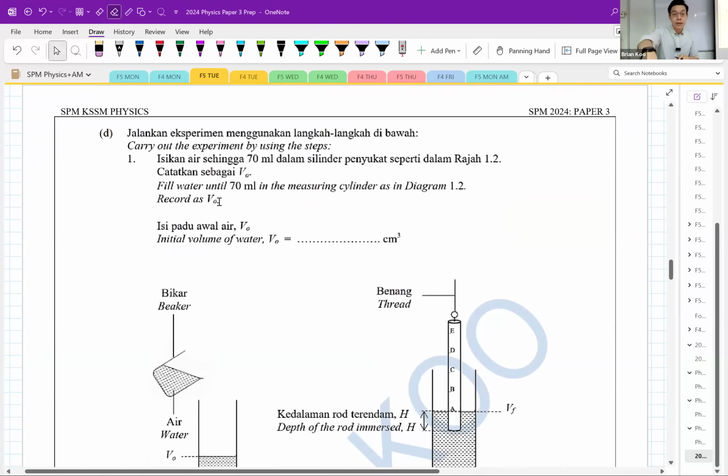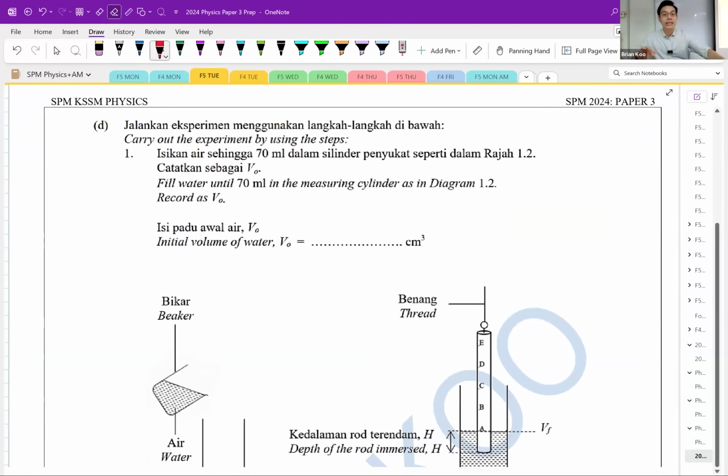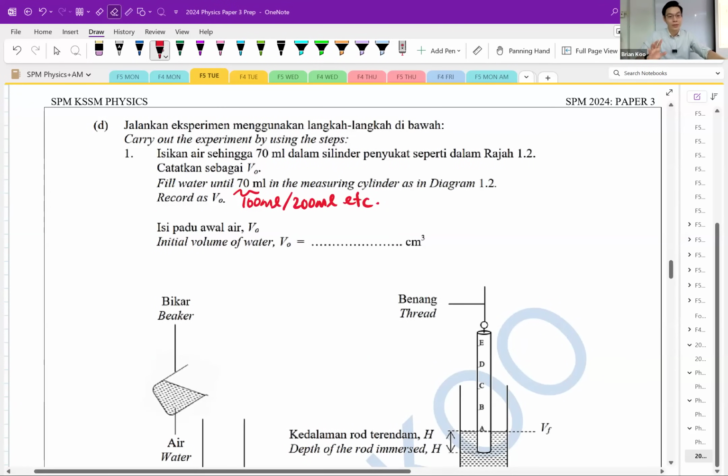Okay, next page. Later I teach you how to write the unguided procedures, but for now, they say carry out the experiment using the steps. Fill up 70 ml in the measuring cylinder. So 70 ml could be another value. Maybe the exam can ask you 100, maybe 200, etc. It doesn't matter the volume. Record it as V0.